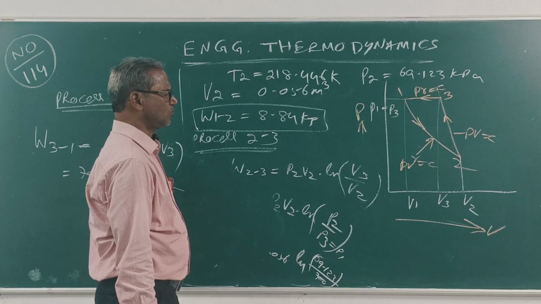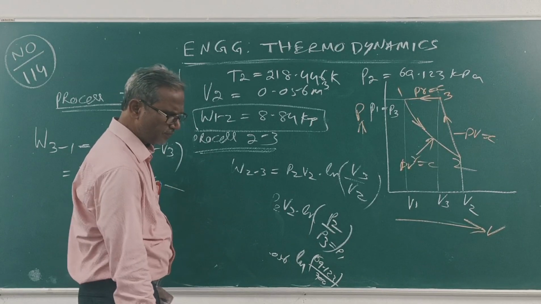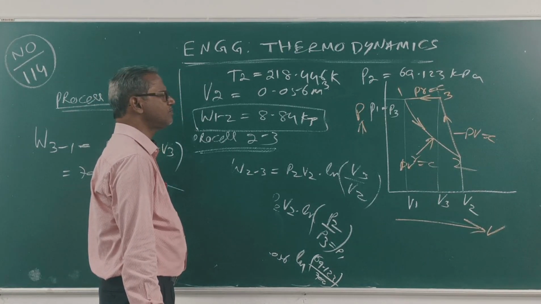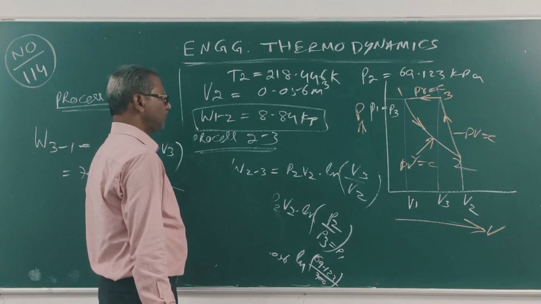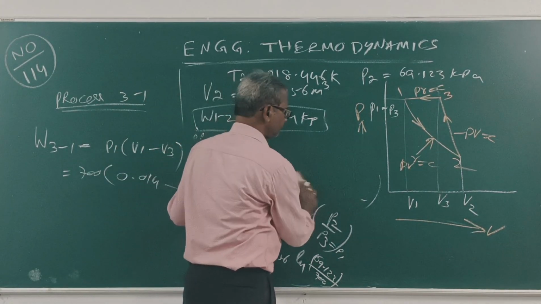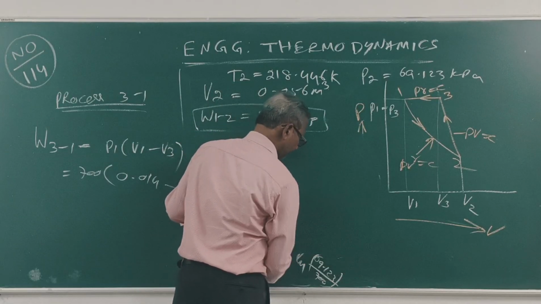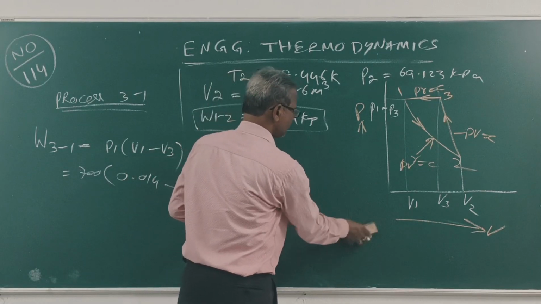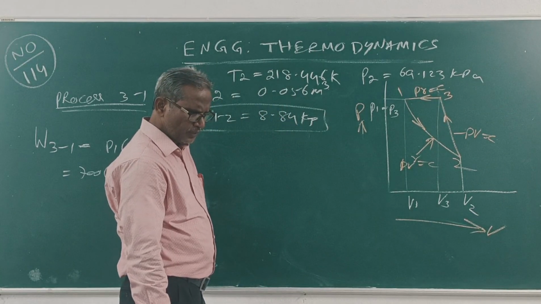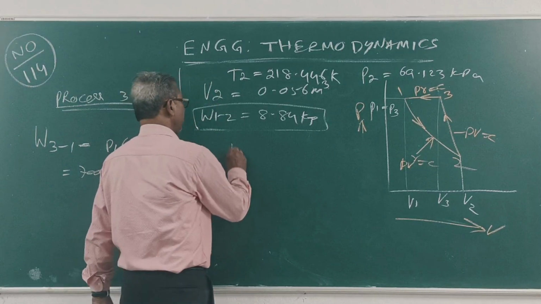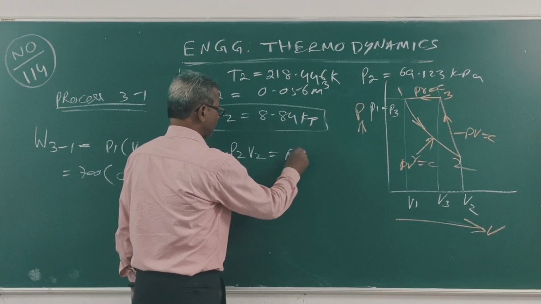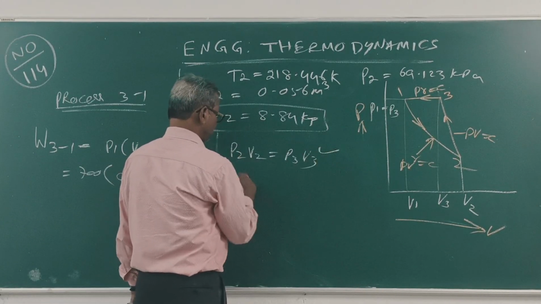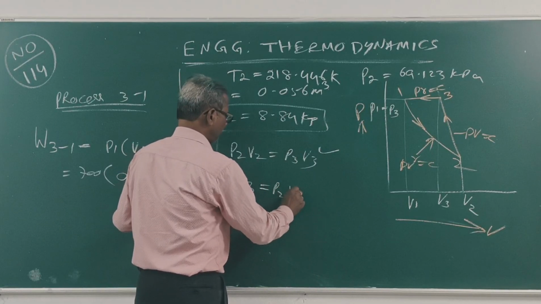Now in process 2-3, P2 V2 is equal to P3 V3. Process 2-3, we find out V3. So V3 is equal to P2 V2 by P3.